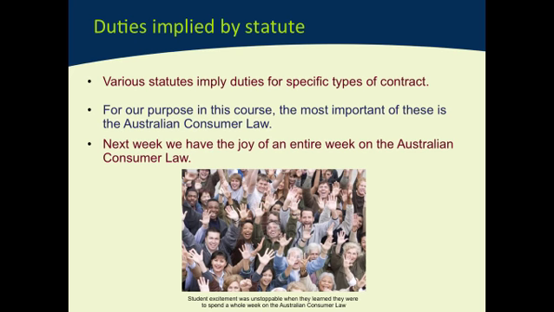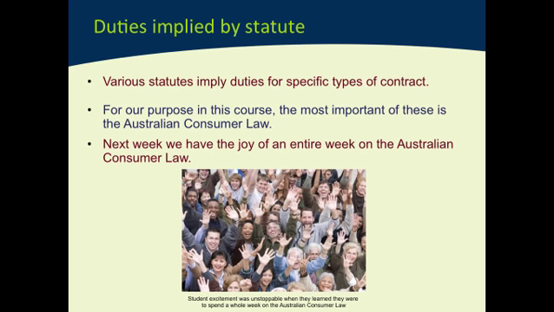You cannot exclude these by the use of an exclusion clause. Rather than trying to go through all of that material now, I'll simply say hang on until next week. But what you'll see when we look at the Australian consumer law next week is that what we're actually doing is implying a bunch of additional clauses into contracts.